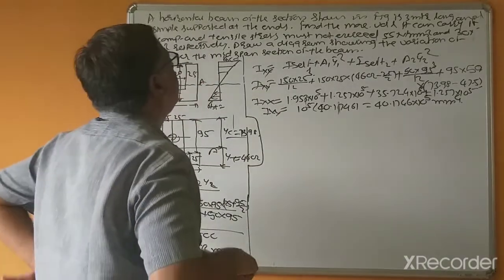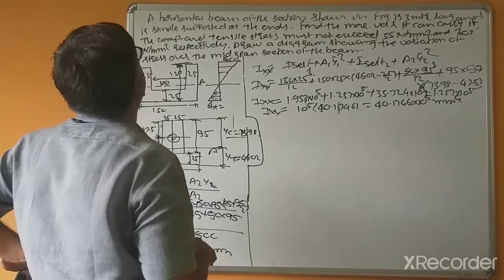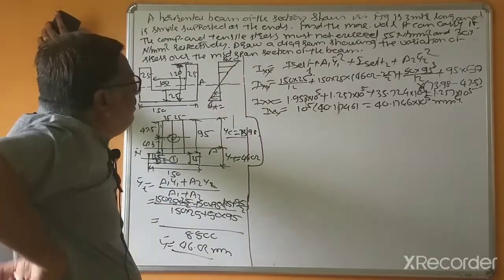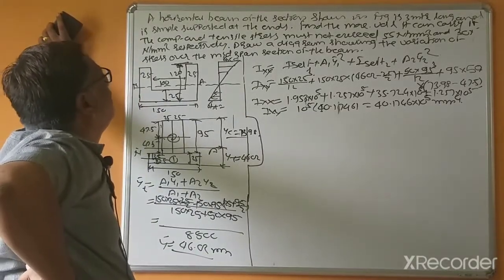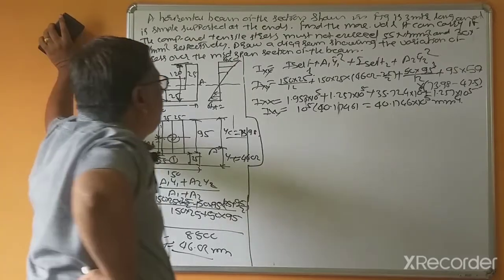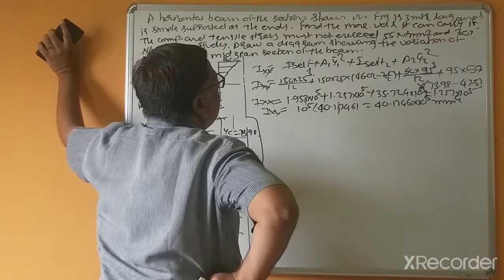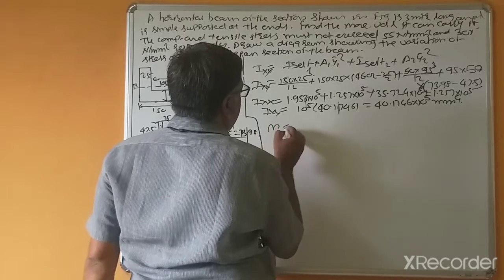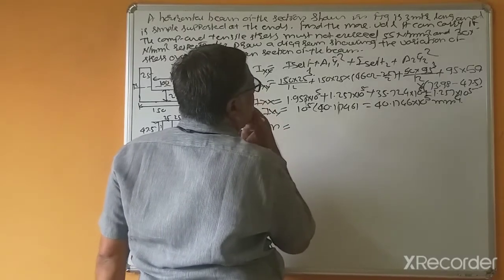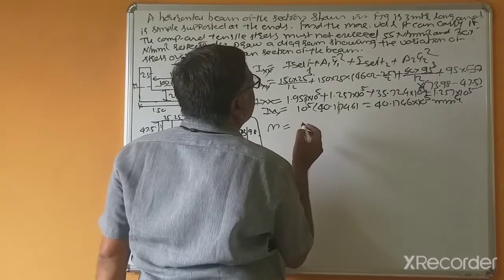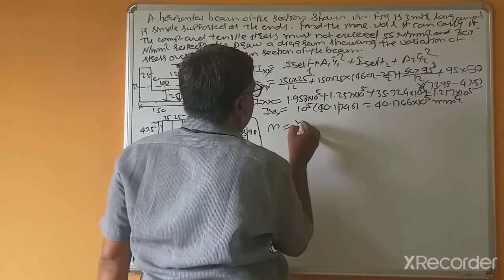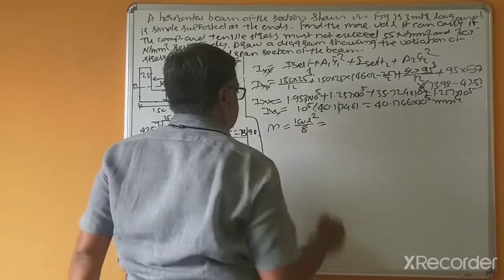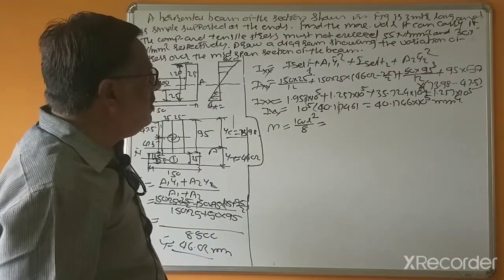What is to calculate? The beam shown is 3 meter long, simply supported at the ends. Find the maximum UDL it can carry. So for the maximum UDL it can carry, span 3 meter, M equal to, what is the formula? W L square divided by 8.